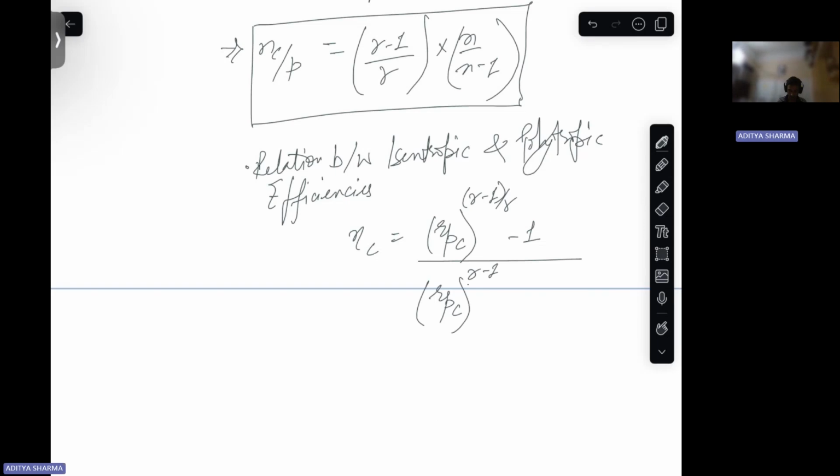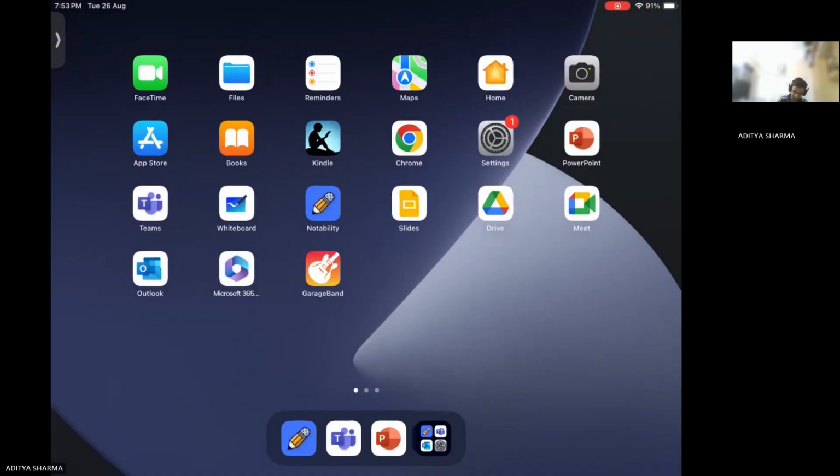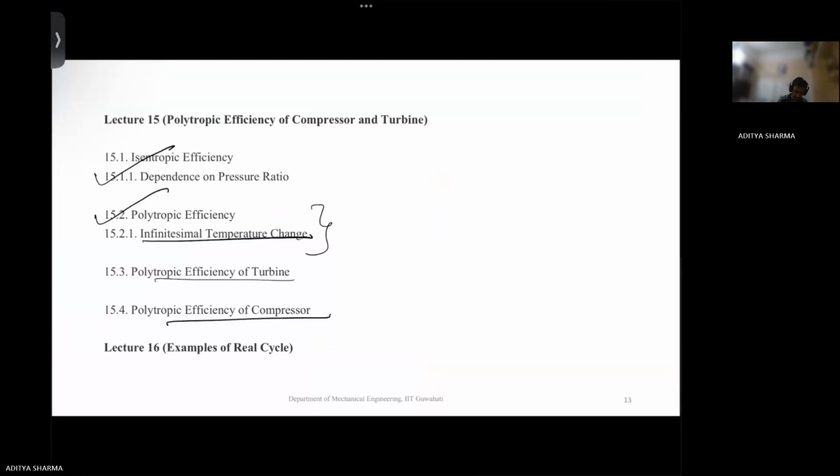And here (gamma minus 1) by gamma, 1 by NCP, minus 1. So this is it. These are the polytropic efficiencies. There are two questions. This is done.